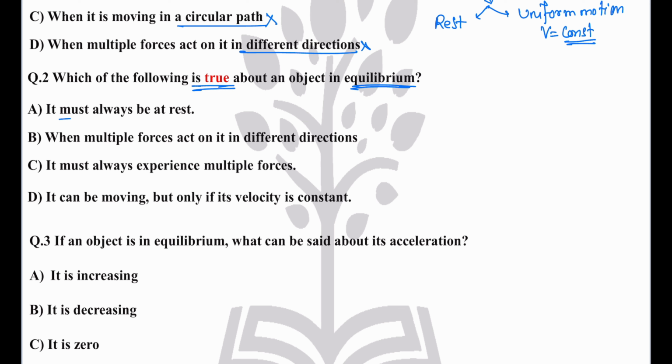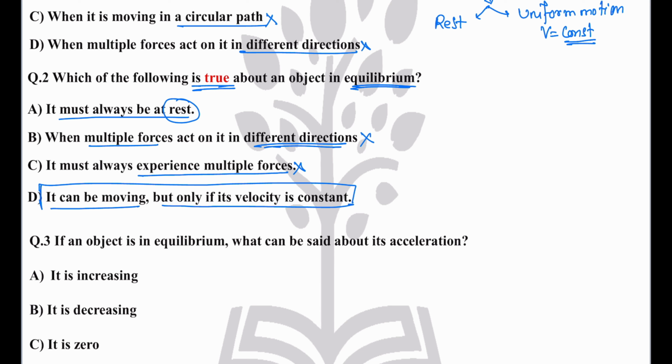It must always be at rest. Okay. Multiple forces in different directions, no. It must experience multiple forces, no. It can be moving but only if velocity is constant. Very good. Velocity should be constant.